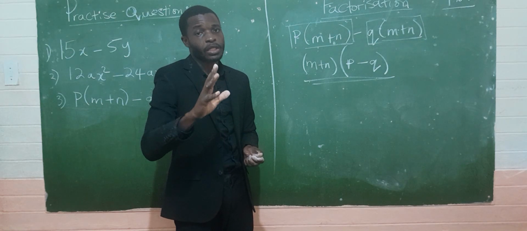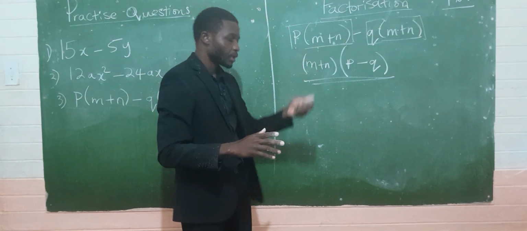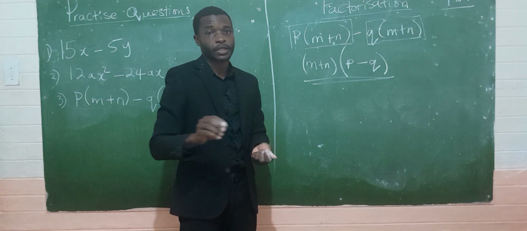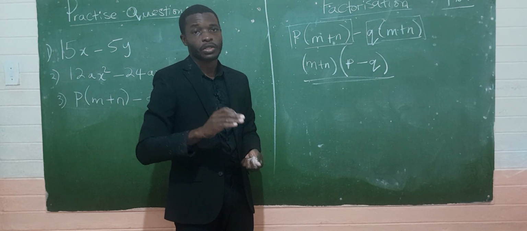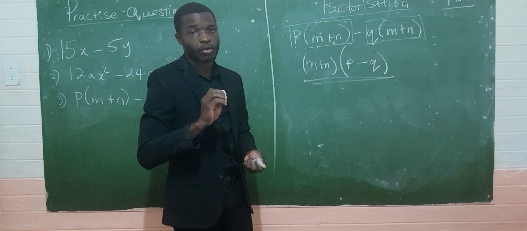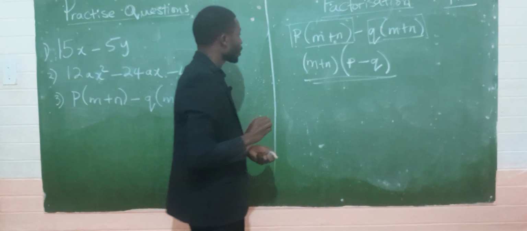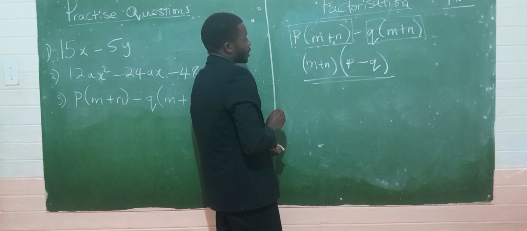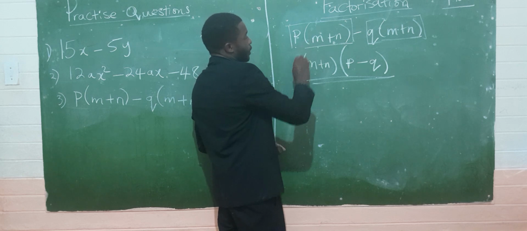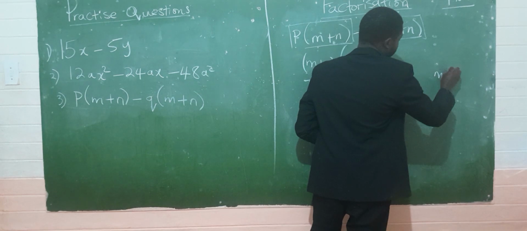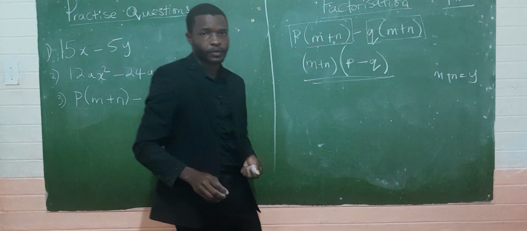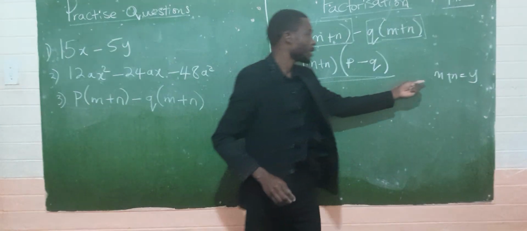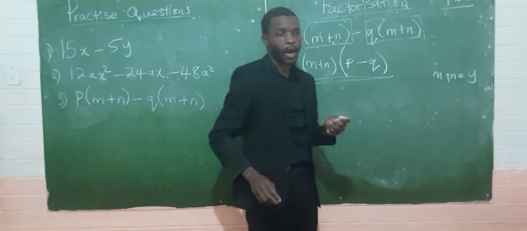I'll just do it one more time because this part is important. If you've understood, you might go ahead and skip the video, but if you have not, let me just use one last method to help you understand. Let's just say m plus n is equal to maybe y. That means that wherever I see m plus n, I'm going to write y.